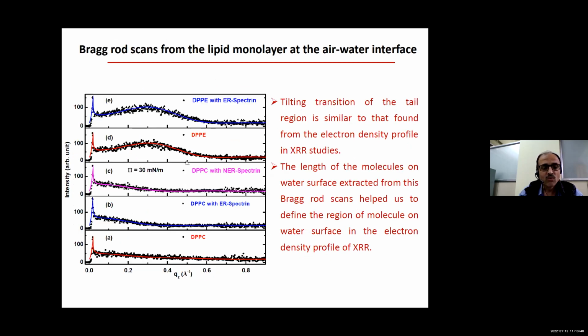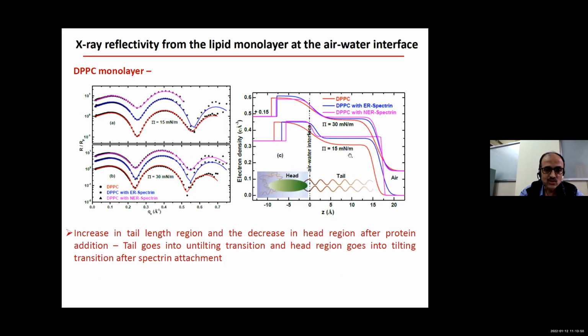We did these Bragg rod scans and found the length of molecules above the water surface. We incorporated this molecular length into the reflectivity calculation, and can determine where the air-water interface is, and how these molecules are arranged at different surface pressures as a function of ER spectrin and NER spectrin.